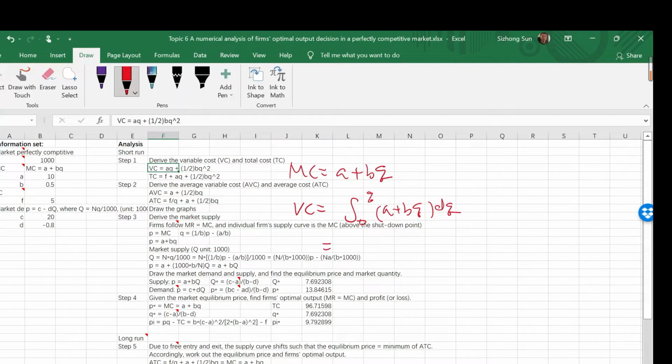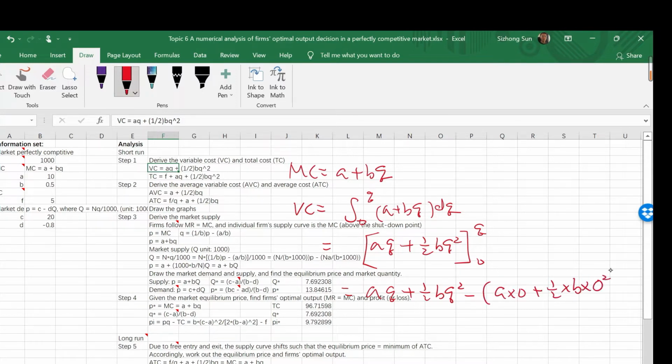If you are not familiar with integration, that's fine, just take this as given. This is equal to AQ plus 1/2 BQ squared evaluated at Q, minus A times 0 plus 1/2 times B times 0 squared. So it's AQ plus 1/2 BQ squared. That's where the variable cost comes from.